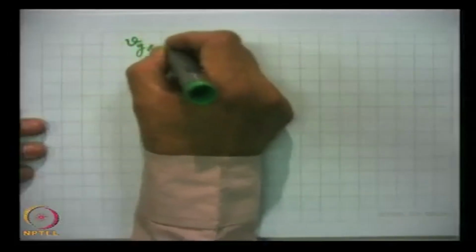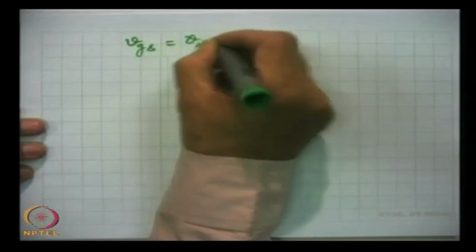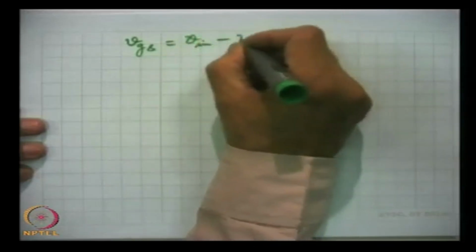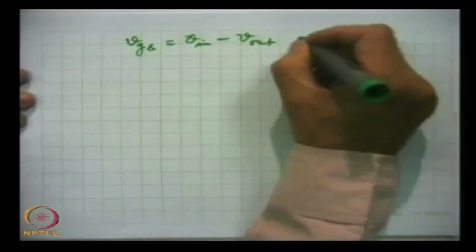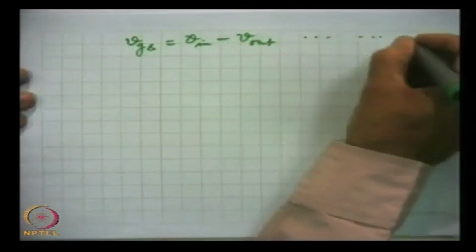VGS is equal to V in minus V out, and let us call this equation 1.